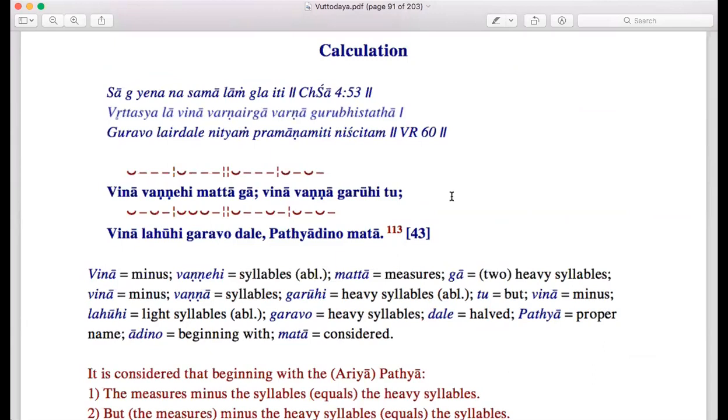It is the locative case, and dala is masculine gender. You have to put kate, considering this as lakhana lakya. I don't know the English word for that. Absolute, right? Yes. So you have to consider this as absolute. Dale kate: when it is halved.